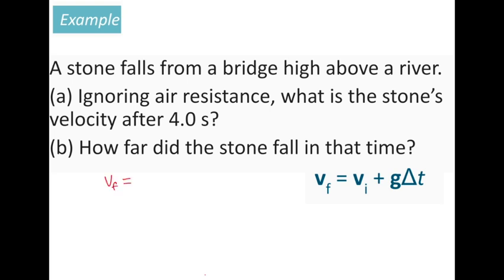Initial velocity. A stone falls. What is its initial velocity? 0. Nobody threw it, correct? So 0. And then we are going to add to it. What does G stand for? Negative 9.81 meters per second squared.